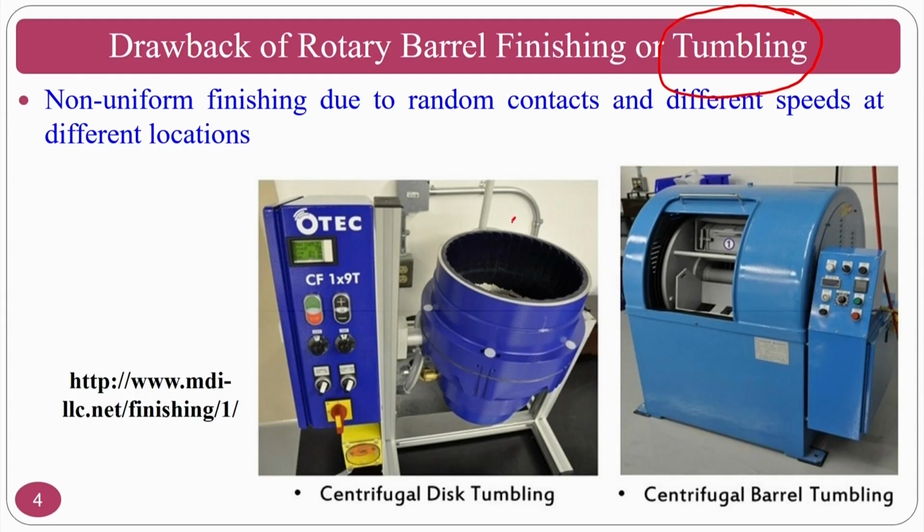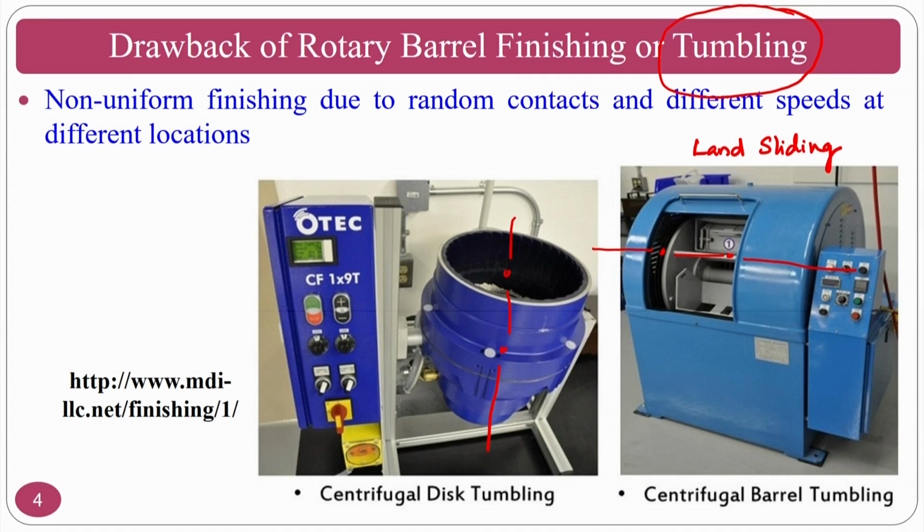If you see the axis of this one, this is the axis. A vertical axis will rotate about a horizontal axis. You have seen that in the horizontal axis there is a landsliding mechanism. Whenever you put the parts as well as abrasive particles inside and rotate about the original horizontal axis, the finishing action will take place by the landsliding action.